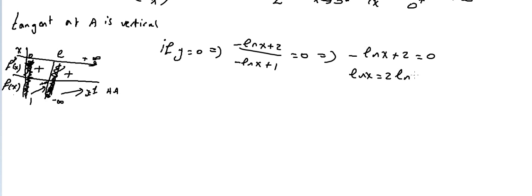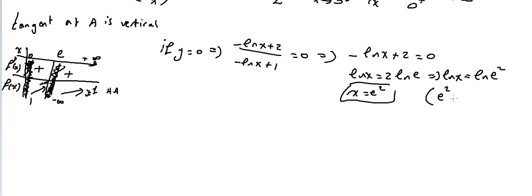We multiply 2 by ln e because ln e is equal to 1. This implies that ln x is equal to ln e to the power 2. We remove the ln, so x will be equal to e power 2. So when x is e power 2, the ordinate is 0, and this is a point B, a particular point. And now we draw.